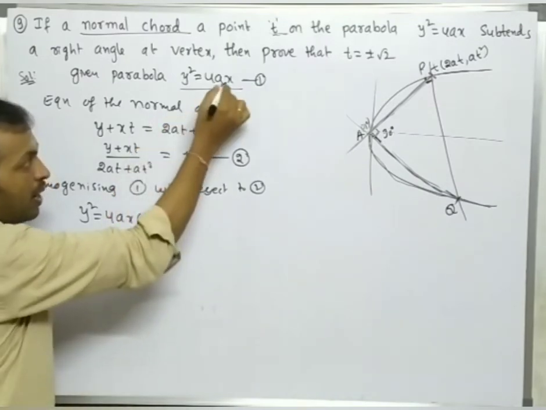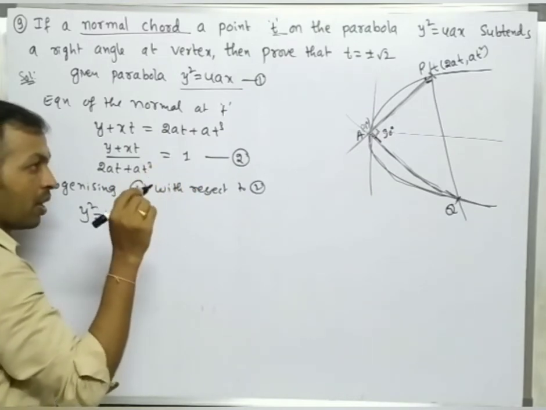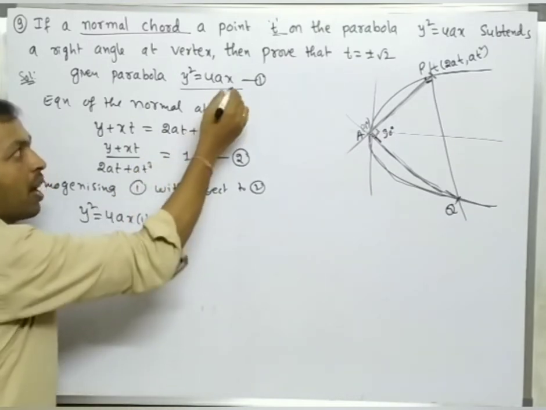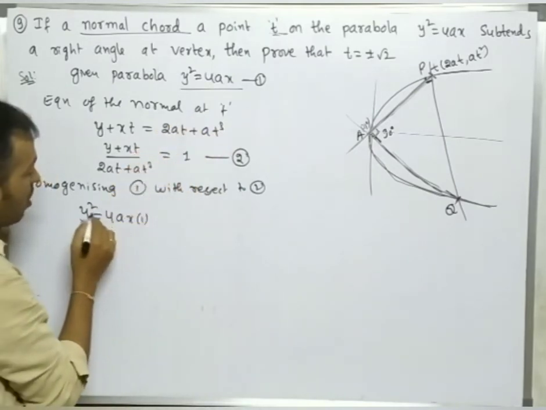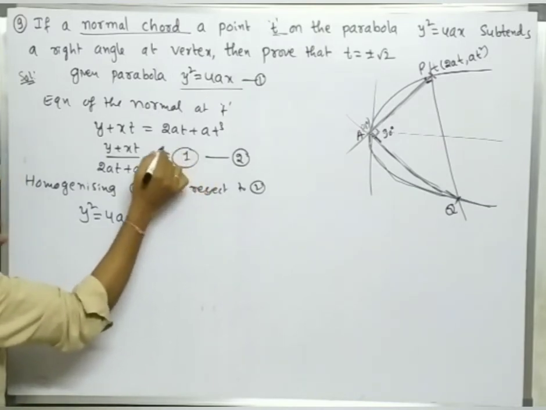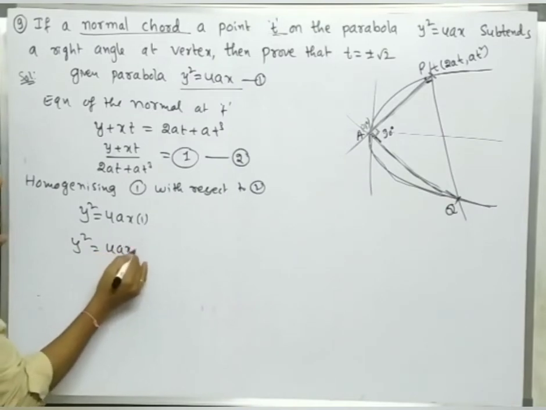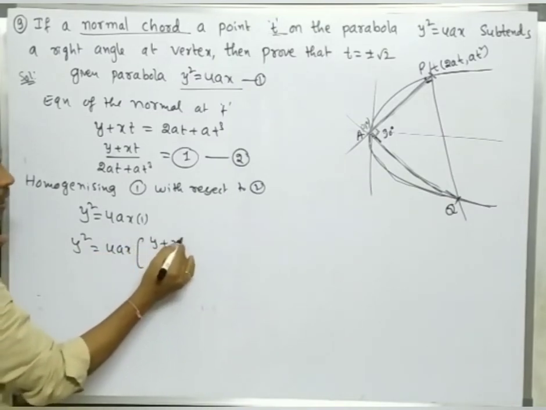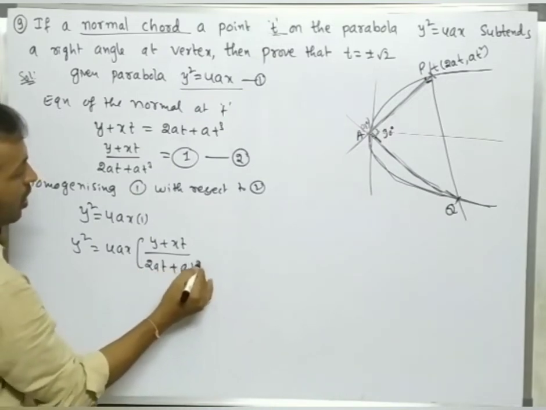So multiply linear x with 1, if we have a single one, linear y with 1, and if we have a constant, multiply the constant with 1 square. So here we only have linear terms, so multiply with 1. What is the value of 1 from the linear equation? So that is y square is equal to 4ax into (y plus xt) by (2at plus at cube).